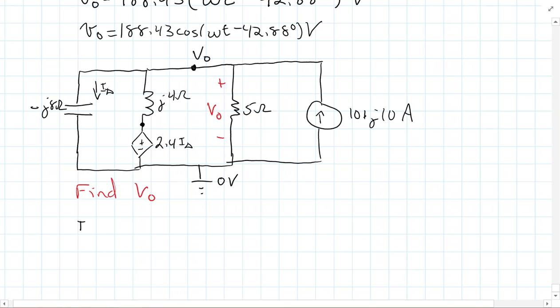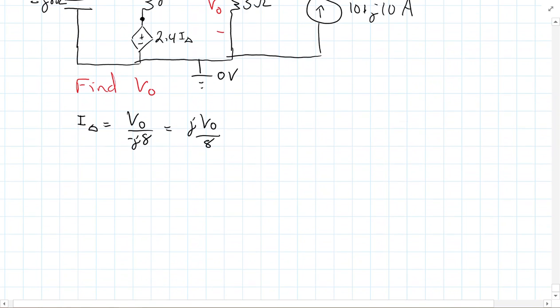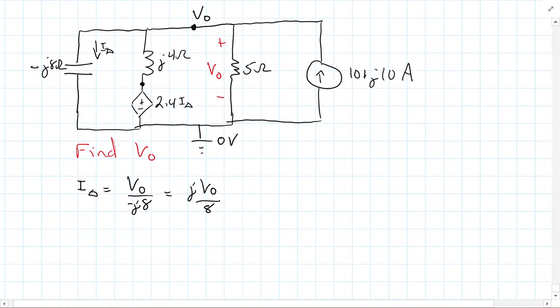So from this, you can get that I delta is equal to V out over negative j8, because the current through that capacitor would of course be the output voltage divided by negative j8, which you could rewrite as positive j V out over 8. Alright, so now we're going to write a node equation. Actually, I wasn't quite careful here.